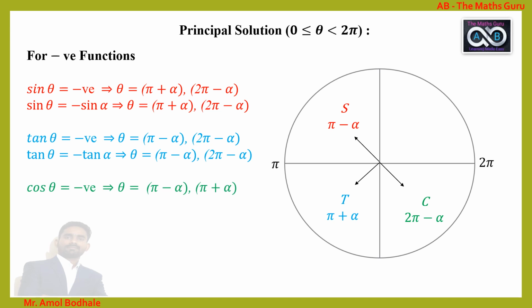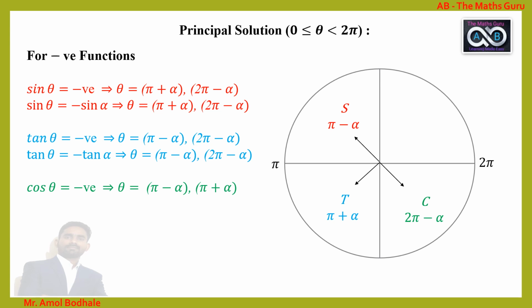Similarly, if cos theta equal to a negative value is given, then theta equal to pi minus alpha and pi plus alpha are the principal solutions. Now again we know cos theta is negative in which quadrants? Cos theta is positive in the first and fourth, that means it must be negative in the second and third quadrants.